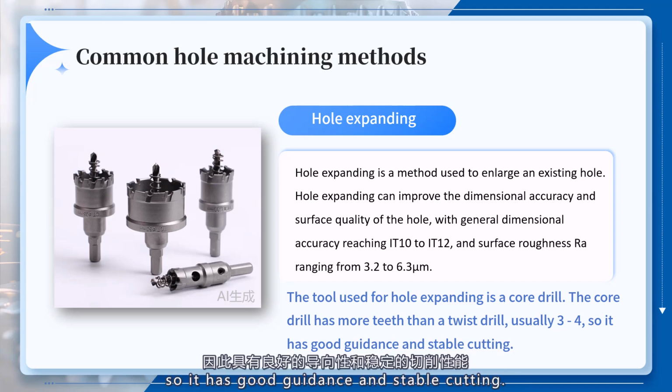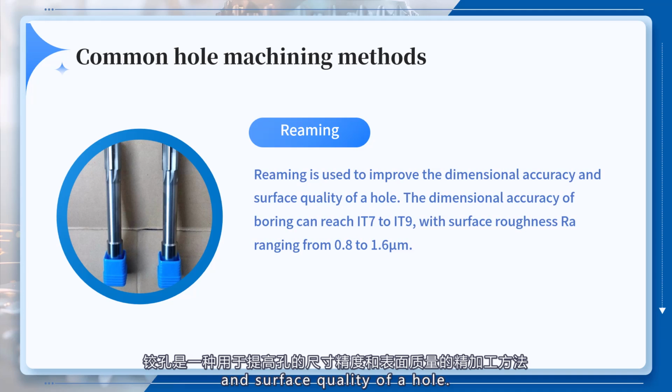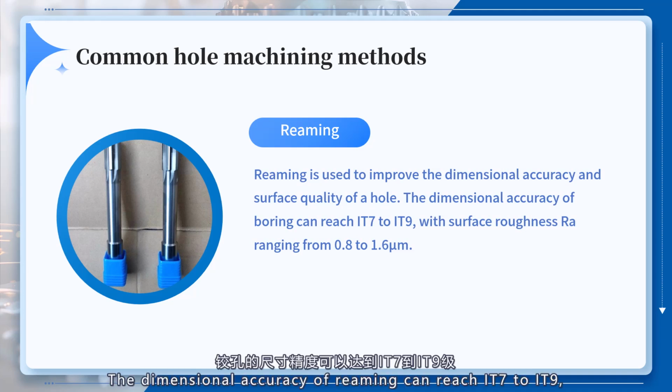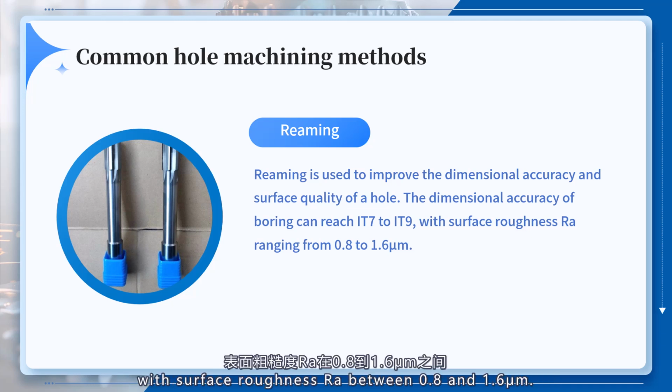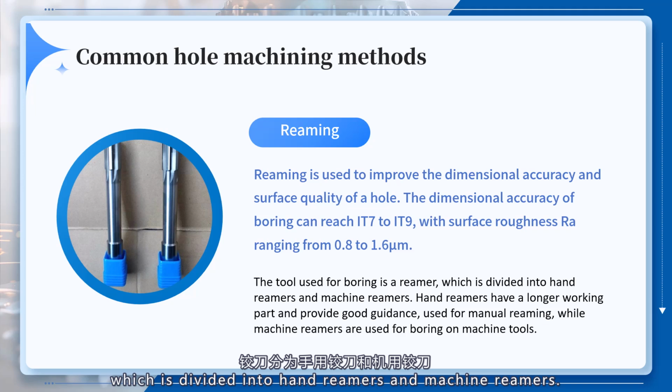stable cutting. Reaming. Reaming is a finishing method used to improve the dimensional accuracy and the surface quality of a hole. The dimensional accuracy of reaming can reach IT7 to IT9, with surface roughness Ra between 0.8 and 1.6 micrometers. The tool used for reaming is a reamer, which is divided into hand reamers and machine reamers.